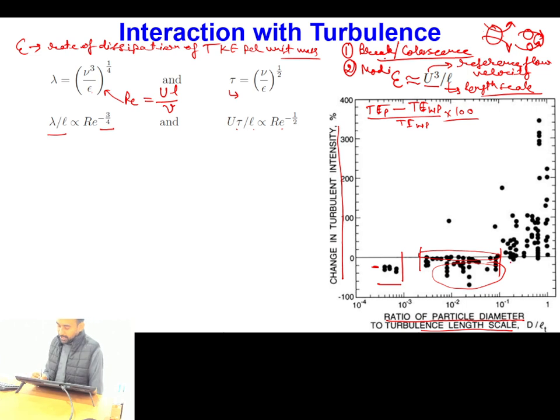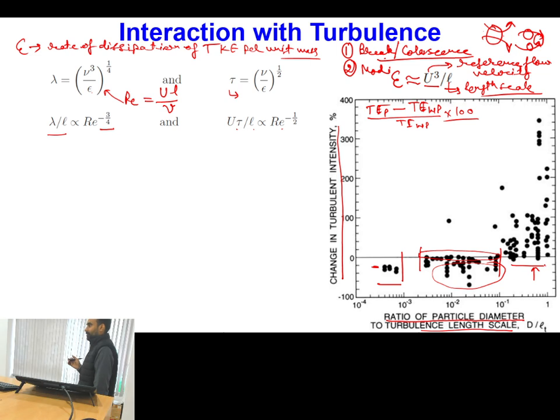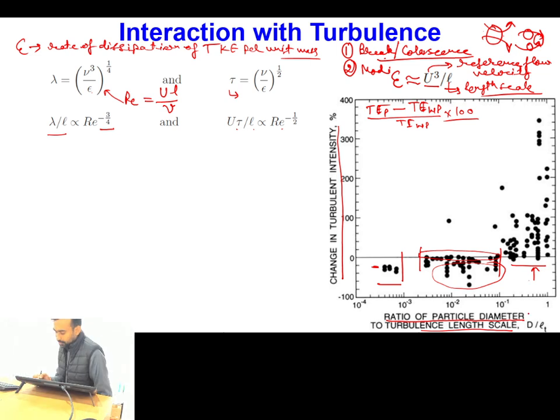But when the size of particles is significantly larger, and almost comparable, so here you can see this is unity, so 0.1 to 1, when the size of particles is identical to the length scale of the turbulence, in that range the presence of particles will try to enhance the turbulence.